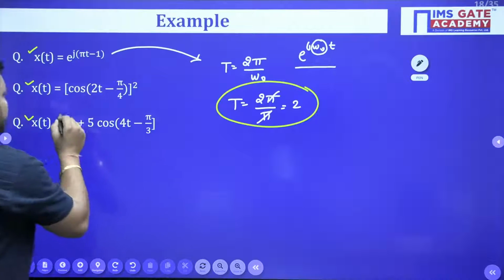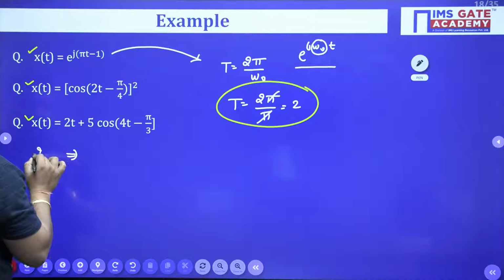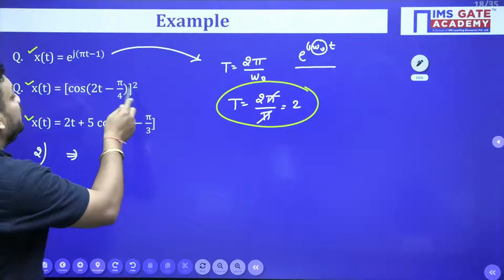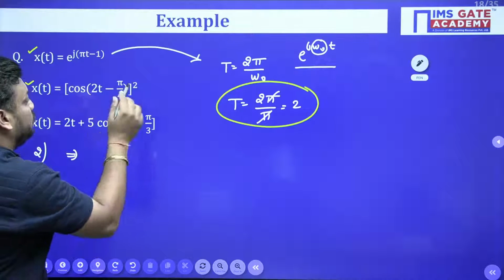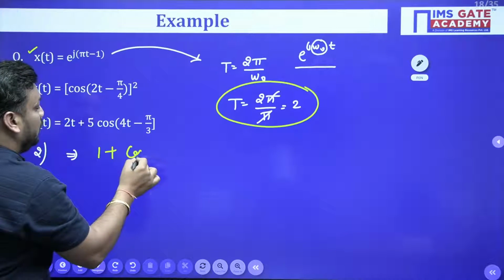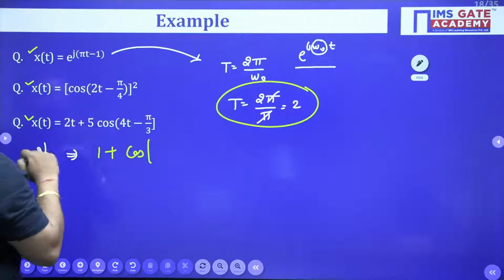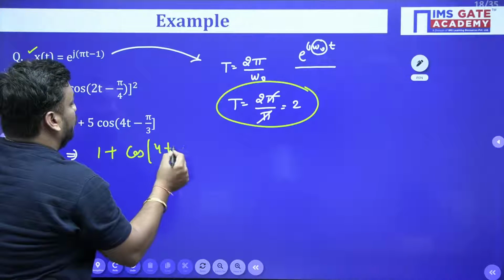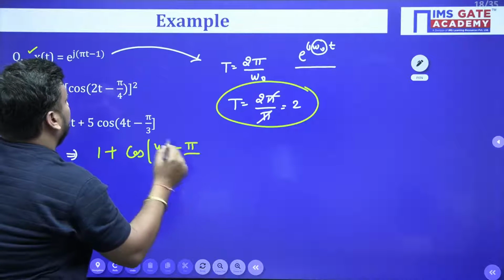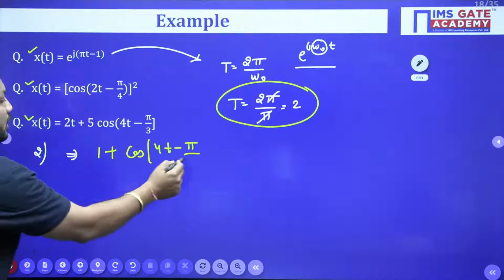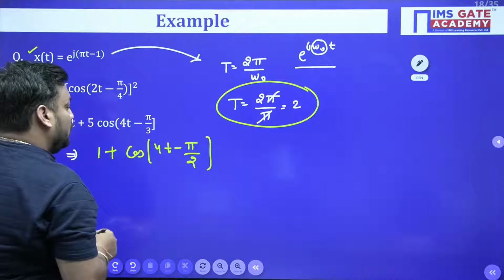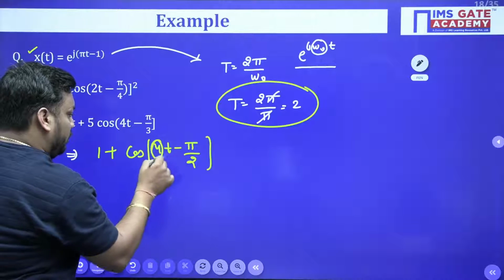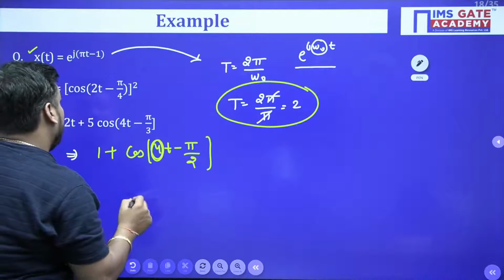If I talk about the second question, students, in question number 2, what do I need to do? Because it is squared, children, I need cos square theta, which is nothing but 1 plus cos 2 theta upon 2. Here there are 2 multipliers, so it will be 4t minus pi by something; you should multiply with 2 also completely. Now students, you are not looking for the phase, you are looking only at this angle, omega.